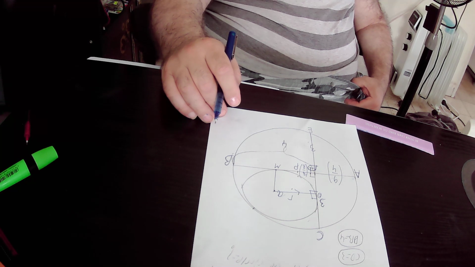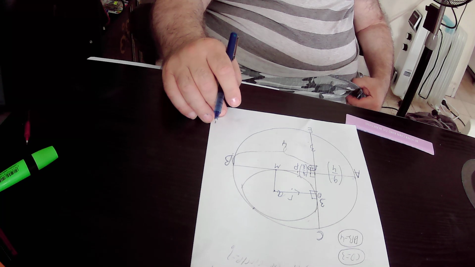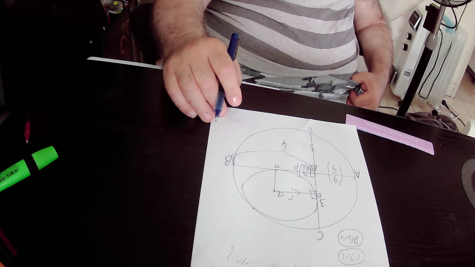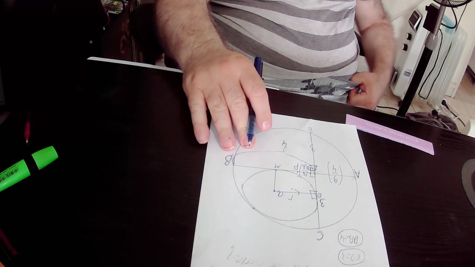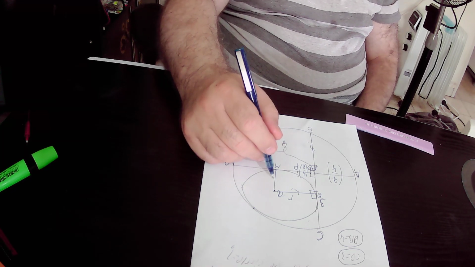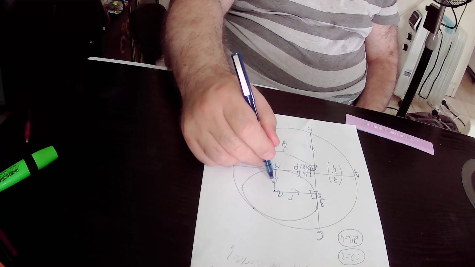The line segment QM starts from point Q, that is the center of the small circle, and point M is a point on the small circle itself, and this is exactly the definition of a radius. That is to say, QM is the radius of the small circle that is equal to small r.